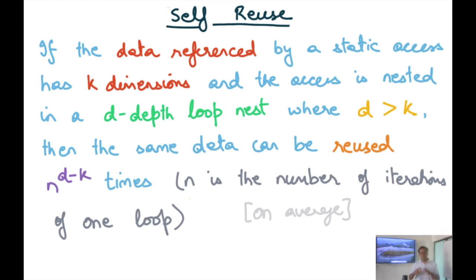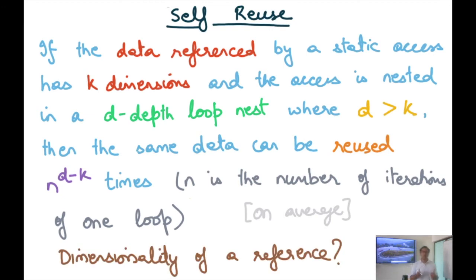And they are similar across dimensions, we are hoping. If they are not, we can just take the average. But under those approximations, the amount of reuse there would be n to the power d minus k, where k is the dimensionality of the axis and d is the dimensionality of the loop nest or the iteration space.